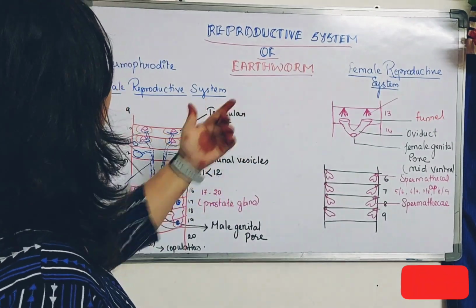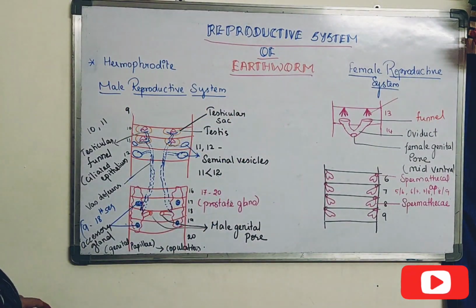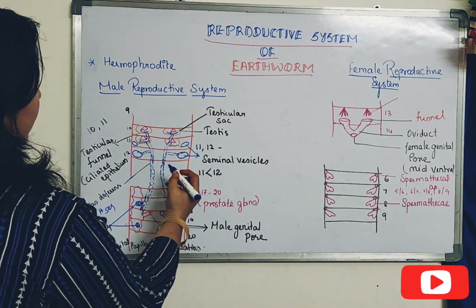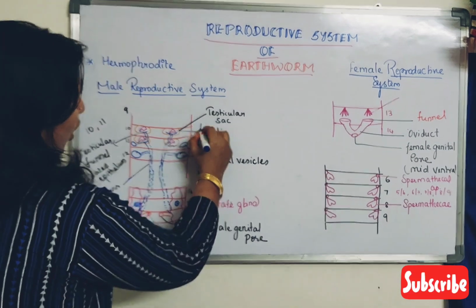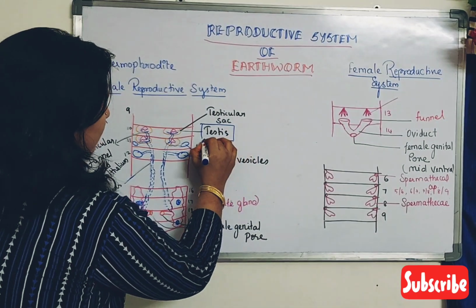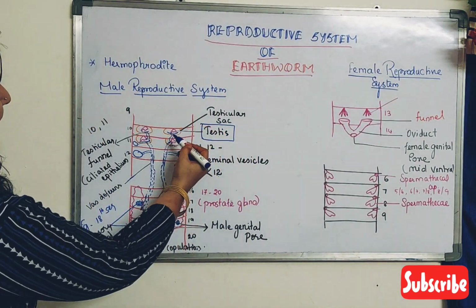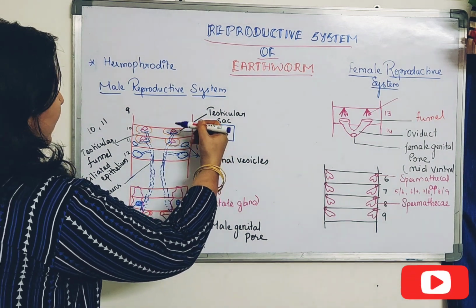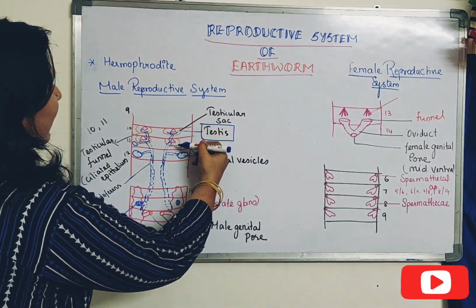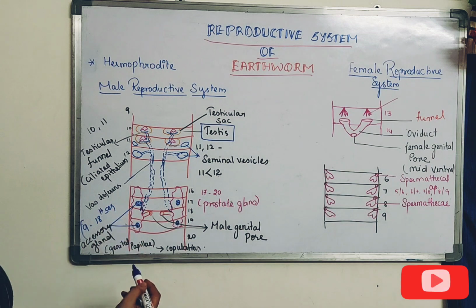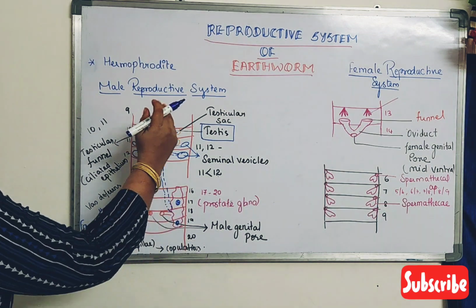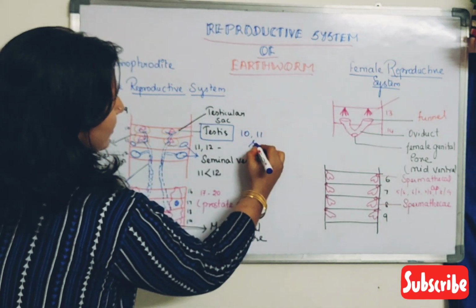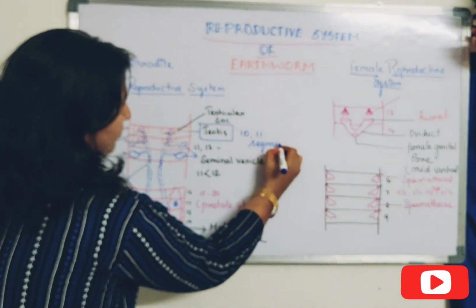Talking about the male reproductive system, the male reproductive organ which we call the testes is present in the 9th and 10th segments, that is in the layers of the 9th and 10th and the 10th and 11th. So we can say perfectly that the testes are present in the 10th and 11th segments of the earthworm.